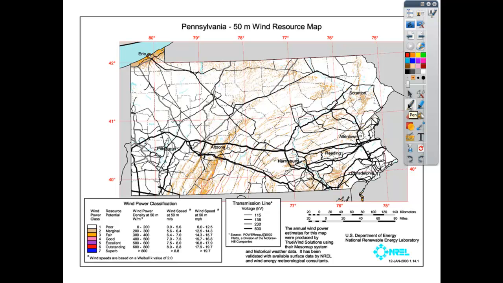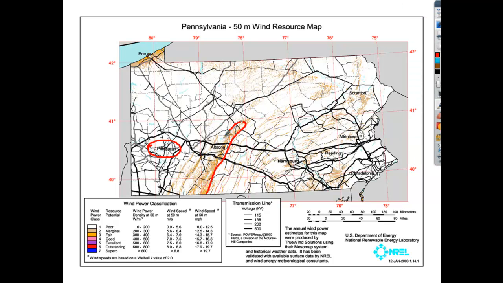If you ever drive out to Pittsburgh, you will see there's an area right here in the Appalachian Mountains which is pretty good. All the brown spots are the best locations. And so when you drive out there, you'll go through an area along the turnpike which actually has wind turbines, and you'll see them off of the turnpike. The other place is up here in Wilkes-Barre and Scranton. You can see some brown up in this area, and that's where one of the pictures I showed you was located, up there.